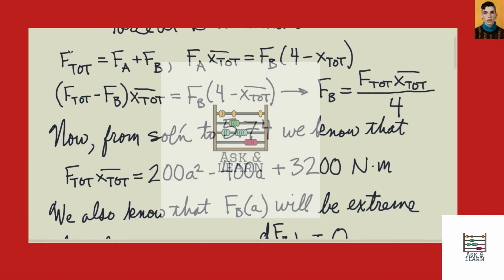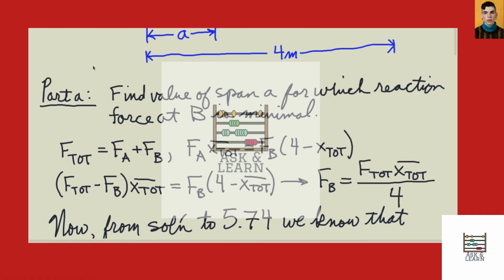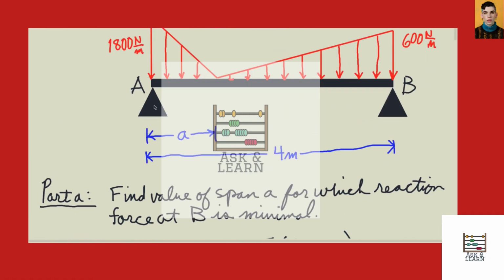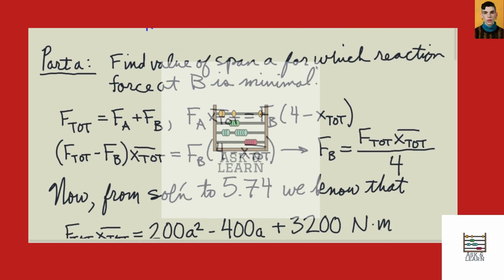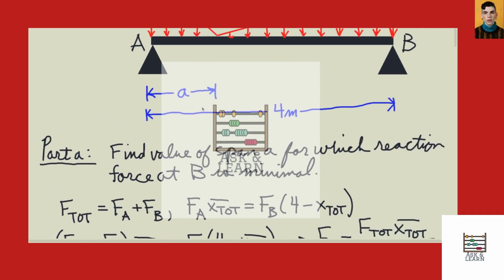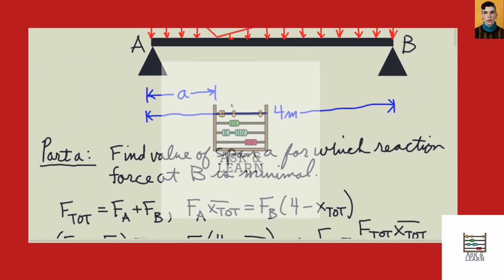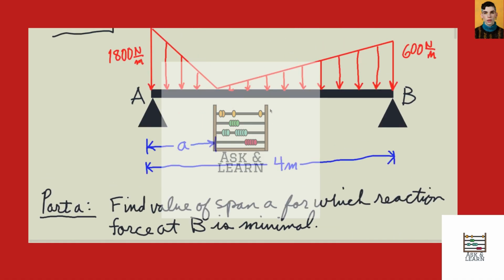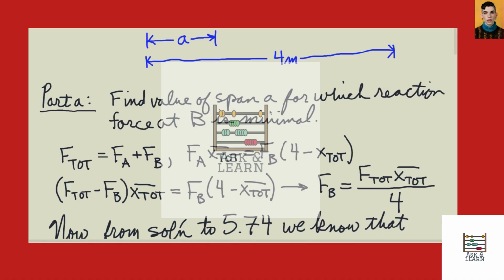Let's start noting that our total load must be equal to the combined force at each of the end supports at A and B. That's expressed here as total load F sub tot equals F sub A plus F sub B. We also know that since this beam is not rotating in space, the applied torques must be equal and opposing.